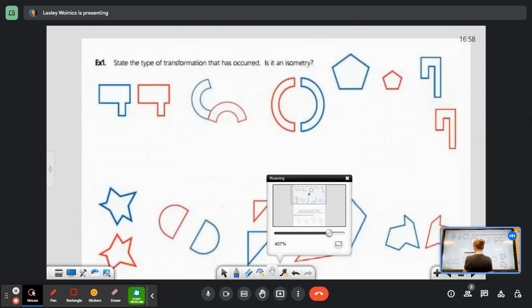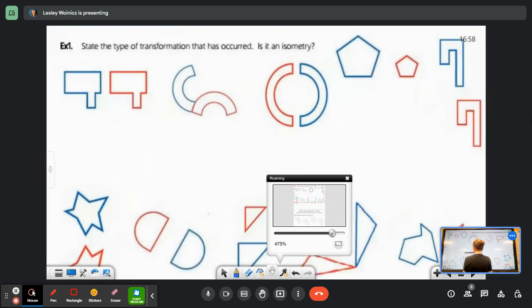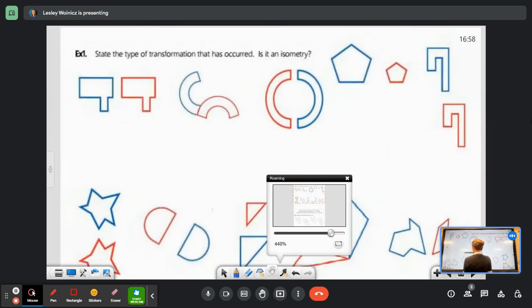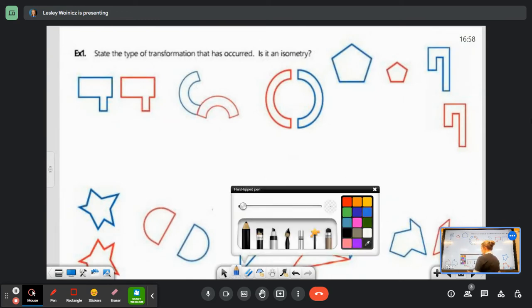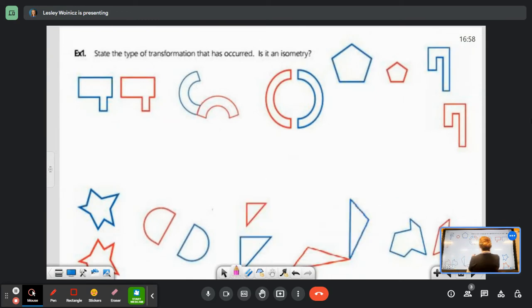For each of these, we have to say what type of transformation and then tell if it's an isometry or not. For the isometry question, we'll say yes or no. And for the type of transformation, we will name it.